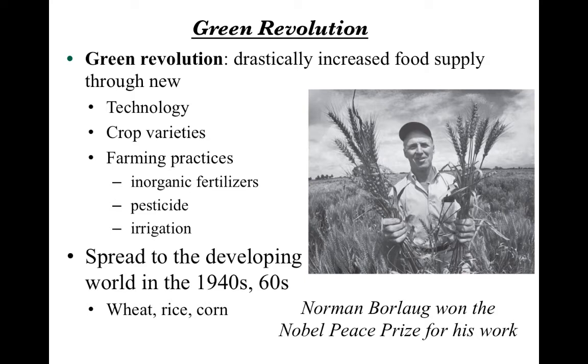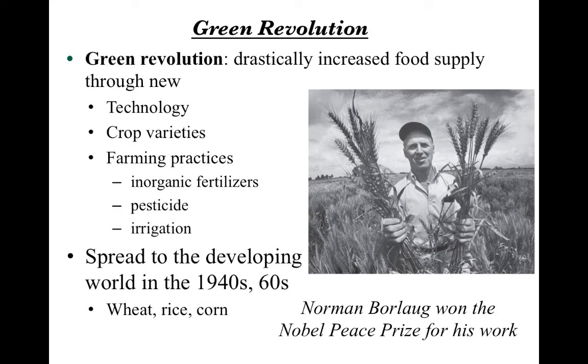His reputation for what he did in Mexico got him invited to India by the Secretary of Agriculture there, and he had major success in India by developing a new strain of rice that was called miracle rice.